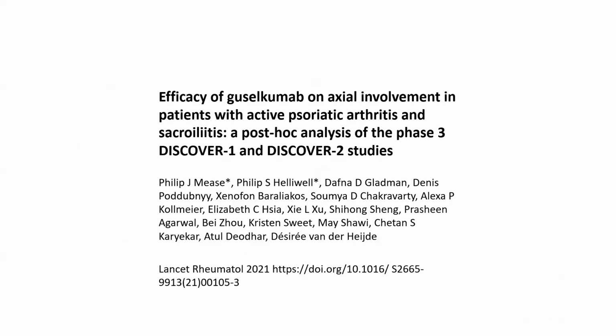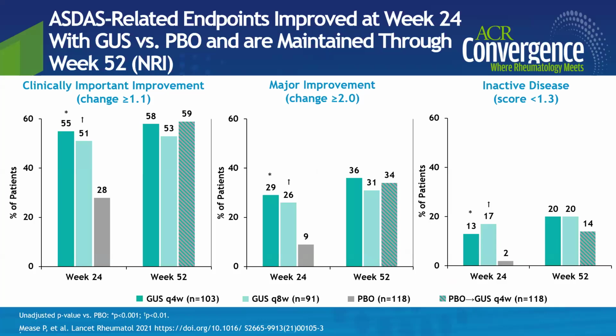But then there was a study with the other interleukin-23 inhibitor known as guselkumab or Tremfya, where we looked carefully at about 30% of the patients that were in the phase 3 studies with this drug in psoriatic arthritis, and who the investigator thought had axial component to their disease and had changes in their sacroiliac joints, and they benefited from this drug.